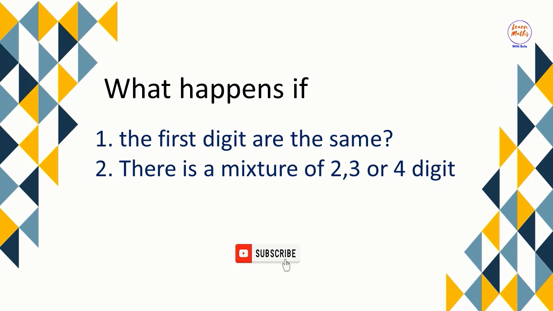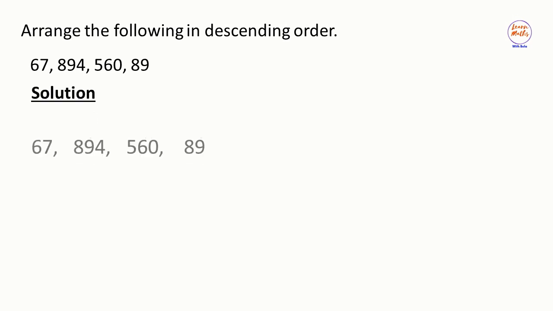Now when you have a situation like that, like you have here, you have 67, 89, 560, and 894. So this is a mixture of 2 and 3 digit numbers. Very simple. It's just a simple approach.